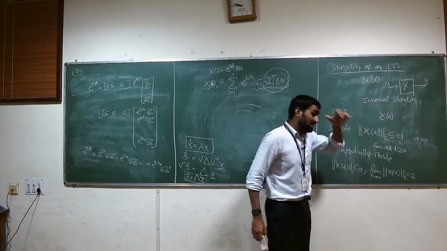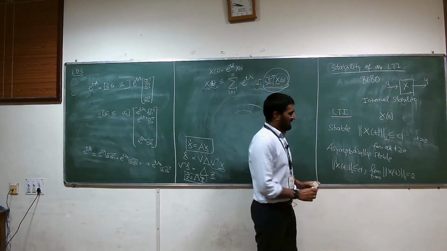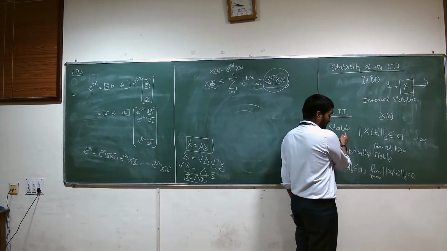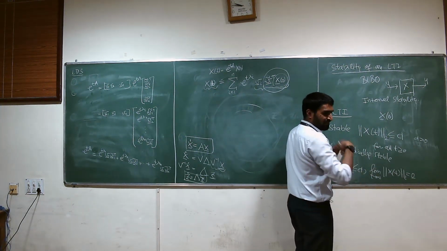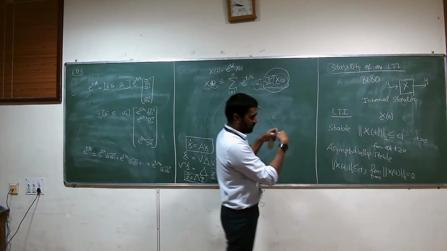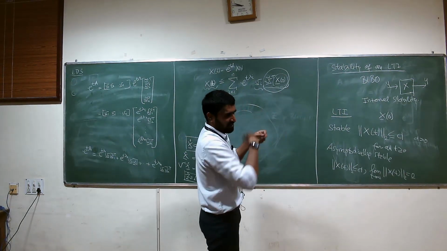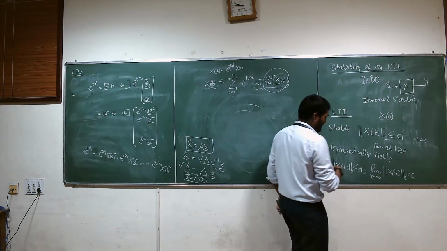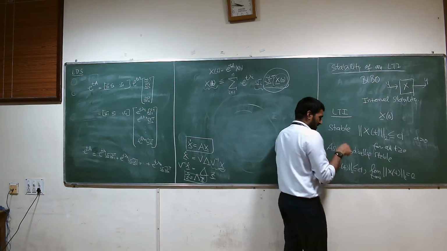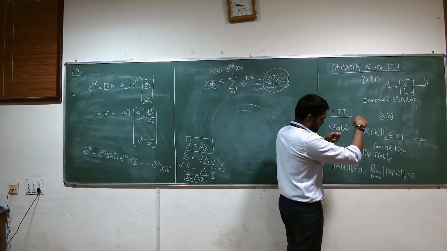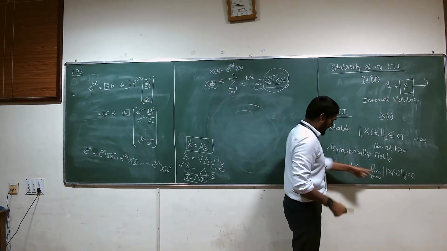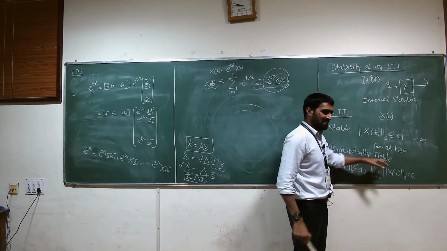Then you say the system is asymptotically stable. If it's just stable, if it's not asymptotically stable, then that would be a system that oscillates. It does not come to the origin, it does not grow, it just oscillates around the origin. If it slowly either oscillates down or slowly moves towards the origin as time increases, then you say it's asymptotically stable.